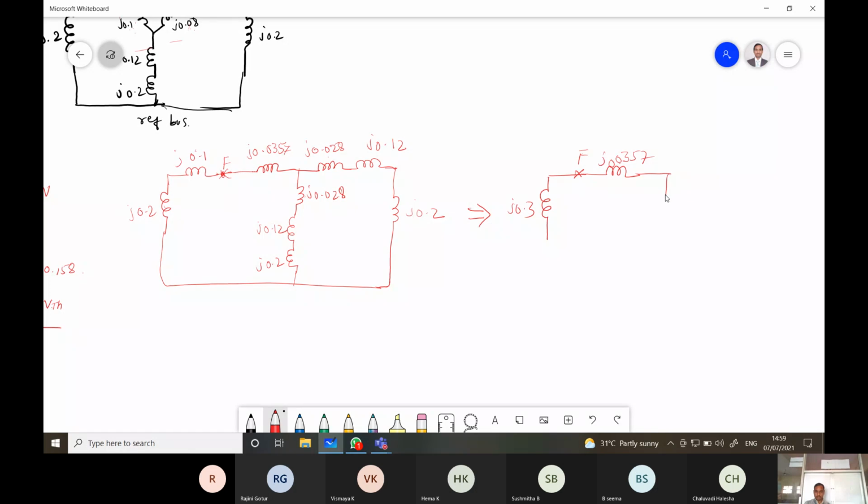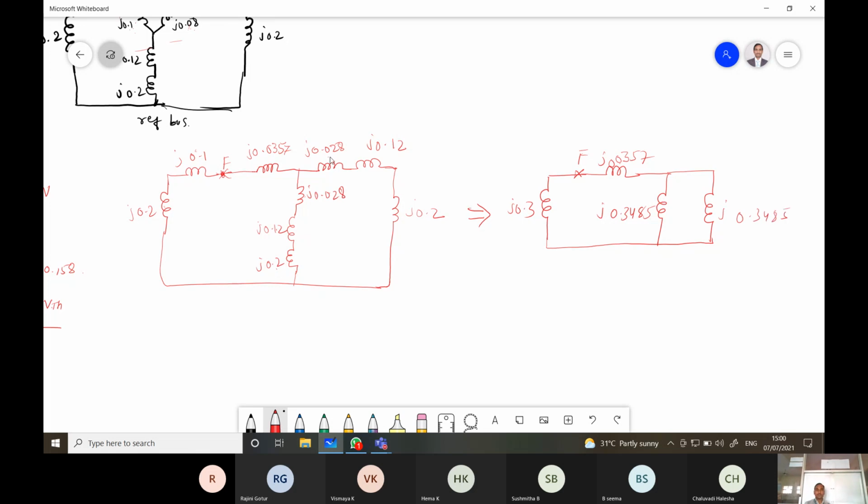How much is it? These three, 0.2 plus 0.12 plus 0.028. J0.028 plus 0.32. How much? 0.03485, correct? And this one J0.348.